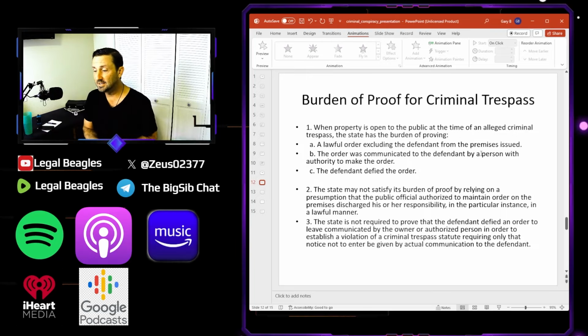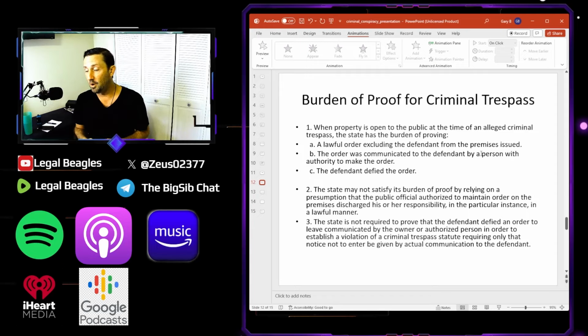Number 3, the state is not required to prove that the defendant defied an order to leave communicated by the owner or authorized person in order to establish a violation of the criminal trespass statute, requiring only that the notice to not enter be given by actual communication to the defendant.